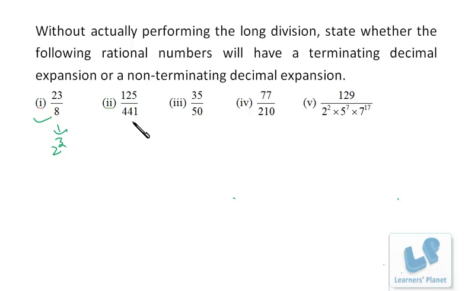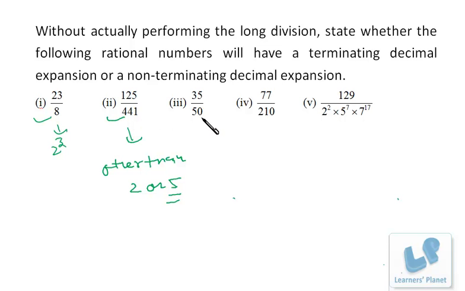So it will be having other prime factors from 2 and 5 as well, right? 2 and 5 will not be there definitely. So if we go for the prime factorization of 441, we will be getting numbers other than 2 or 5, right? So it's non-terminating decimal expansion.